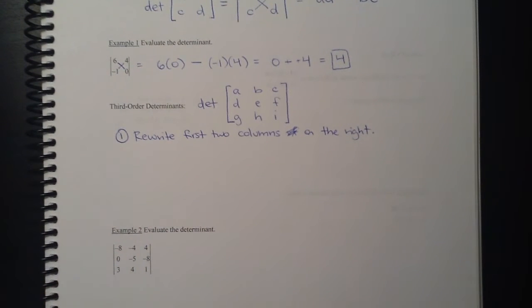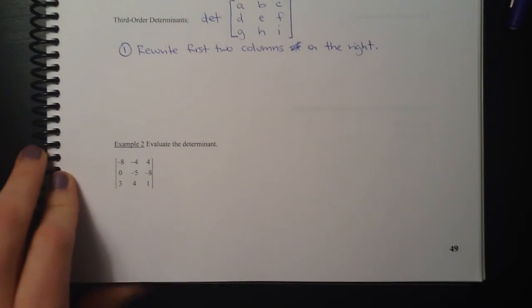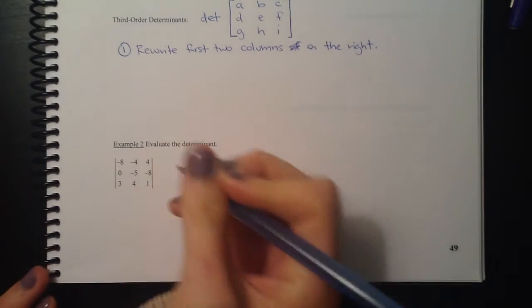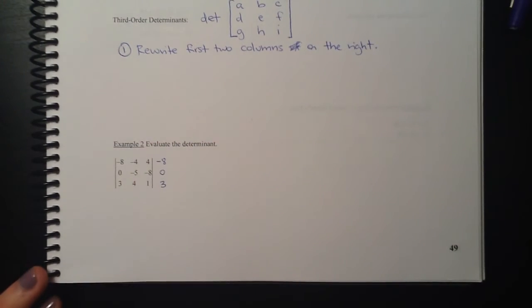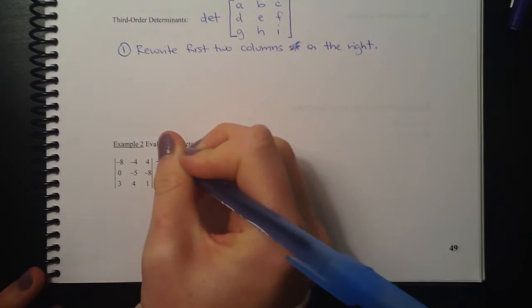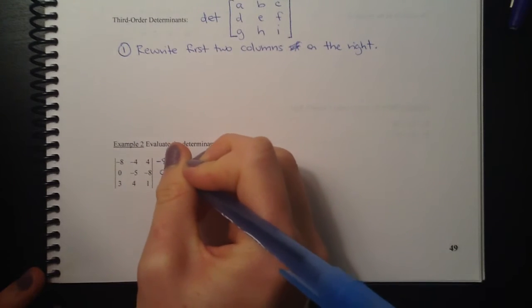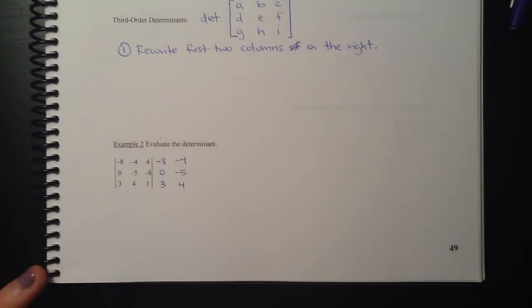Okay, so we're going to go down to example 2. I'm going to kind of walk you through what it looks like with that. So we are going to rewrite the first 2 columns. So rewrite column 1 like that, and then rewrite column 2. Okay, so that's the first step. And then we're going to do the diagonal thing that we did with second order determinants. It just gets a little bit more complicated.